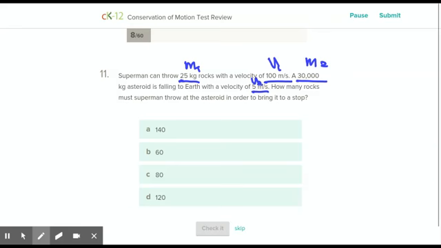So the momentum of the asteroid is mv, which is 30,000 times 5, which is 150,000, right?